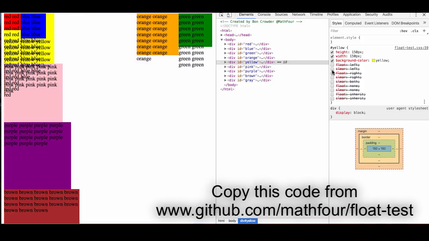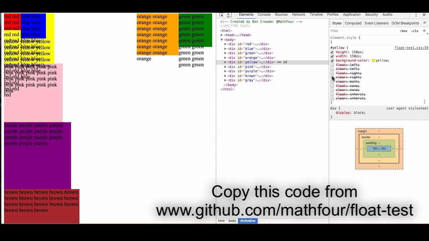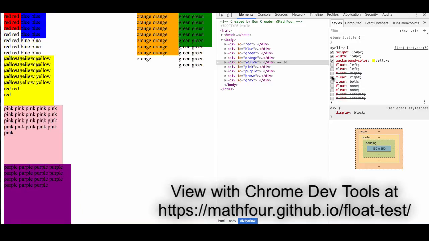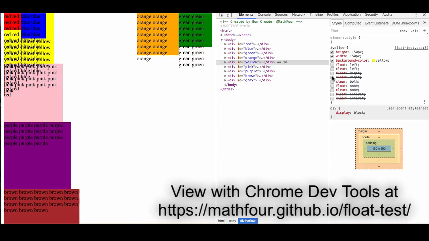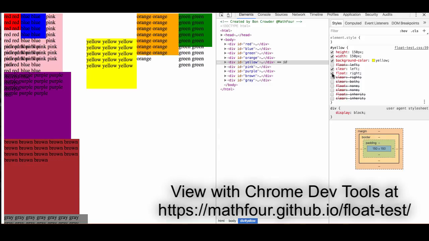If I clear him left, he's going to go under the blue. If I clear him right, he's going to go under the orange, but on the left side. Yes. Now, I wonder what happens if I clear left and float right. So I'm going to clear left and then float right. Ooh, isn't that curious? Huh.